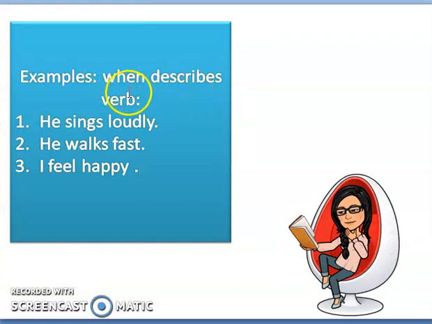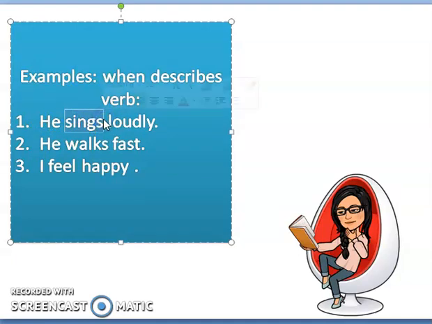Examples when adverb describes verb. 1. He sings. How he sings? Loudly. Loudly মানে কি জানো? চিৎকার করে করে না, হেড়ে গলায় বলে। হেড়ে গলায় অনেকেই গায়, but that doesn't mean it sounds harsh.